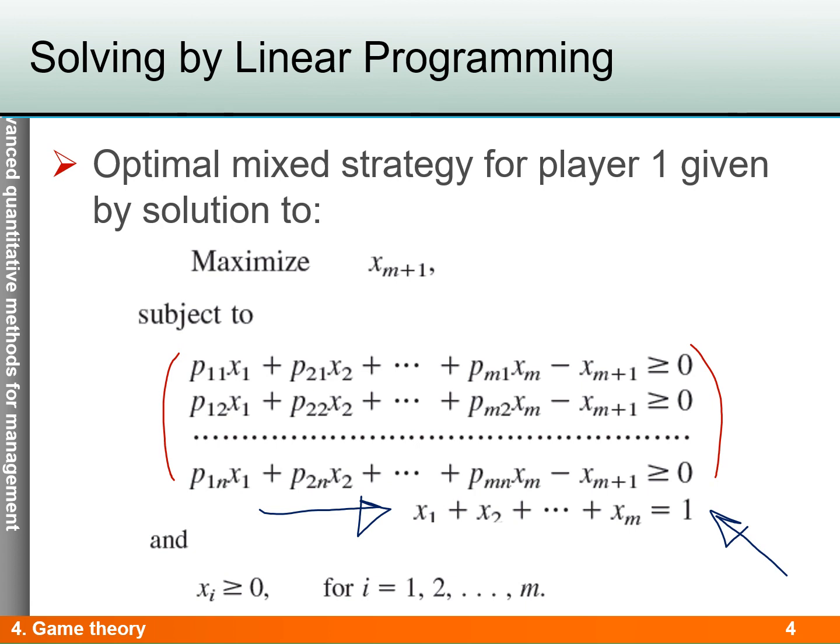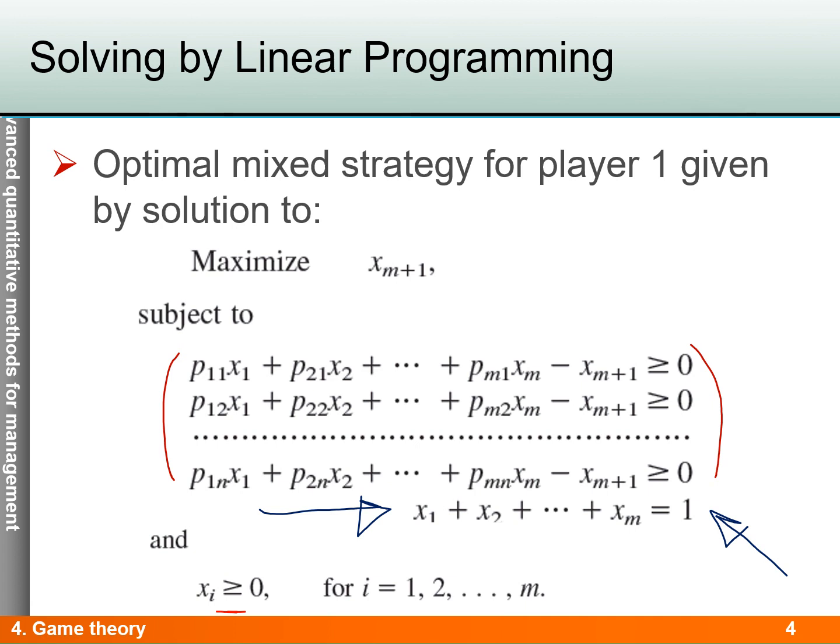As you remember, in the graphical solution we had one probability equal to 0, so the equal sign here can be the same concept.